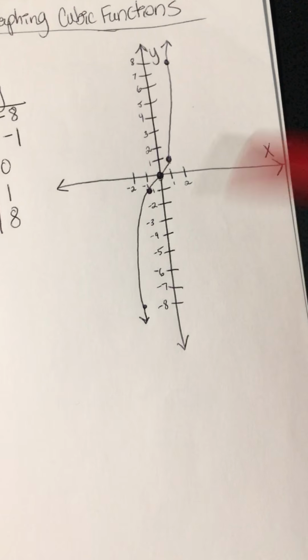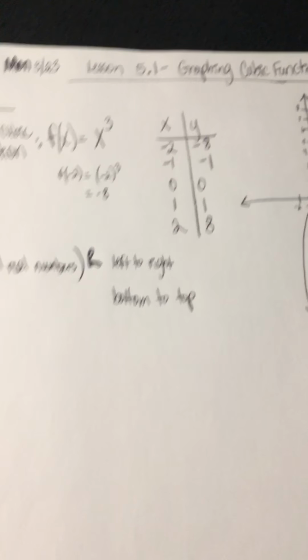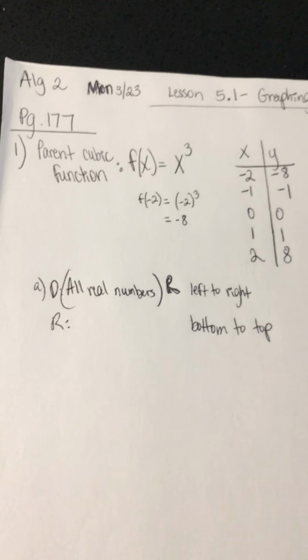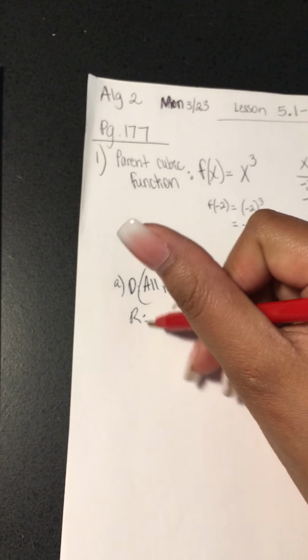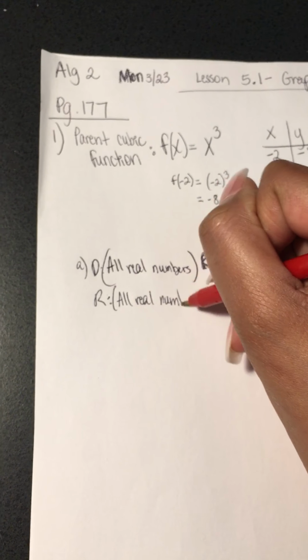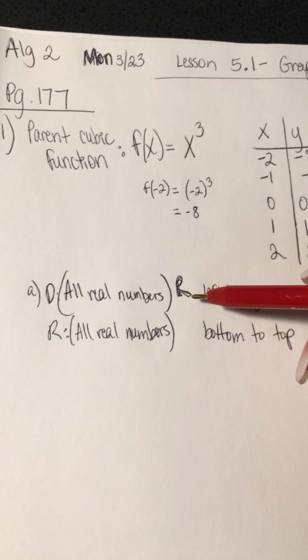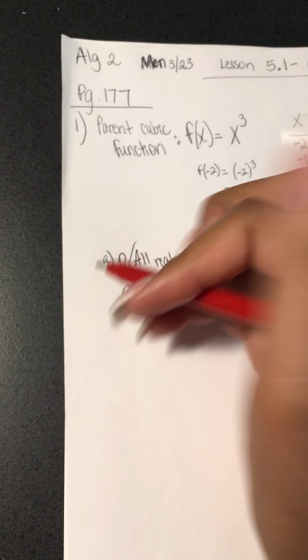Looking at our graph, this will continue going down forever, continue going up forever. So it will include every possible y value that there is. That's a real number. So the range includes all real y numbers, all real numbers. You can use that funky symbol if you can draw it, whatever floats your boat.